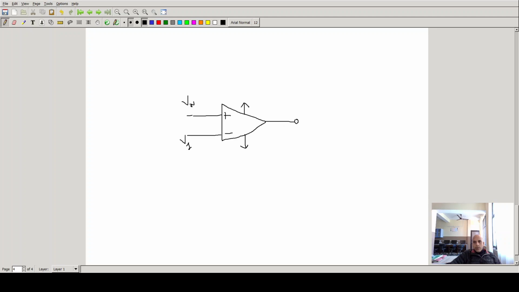And this is the output, V output, here plus V CC, and this is minus V EE, right? This is the gain of this operational amplifier, A. Now this is the circuit symbol of an operational amplifier, op-amp.